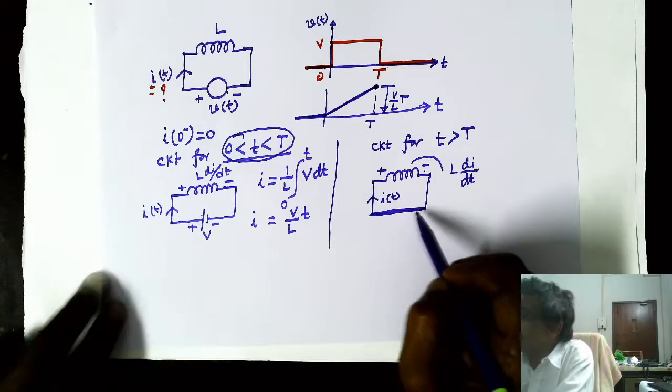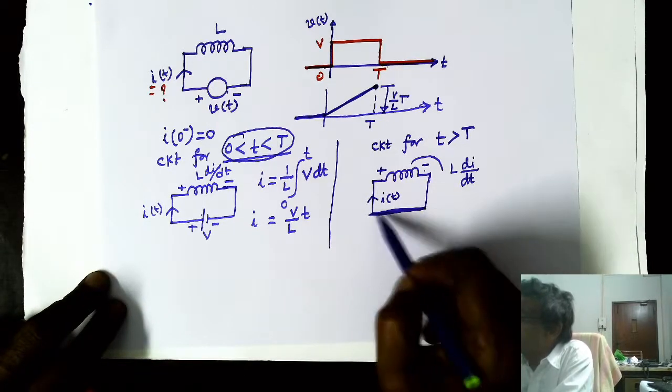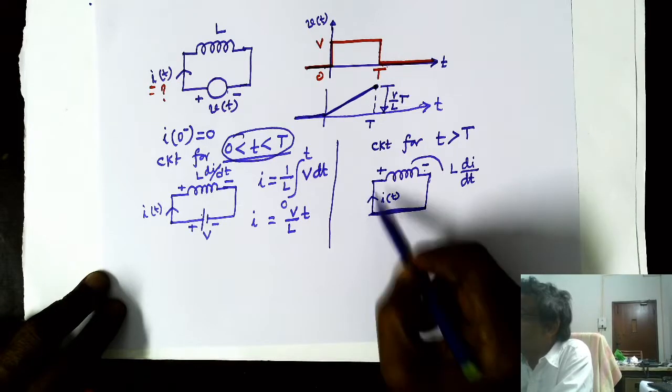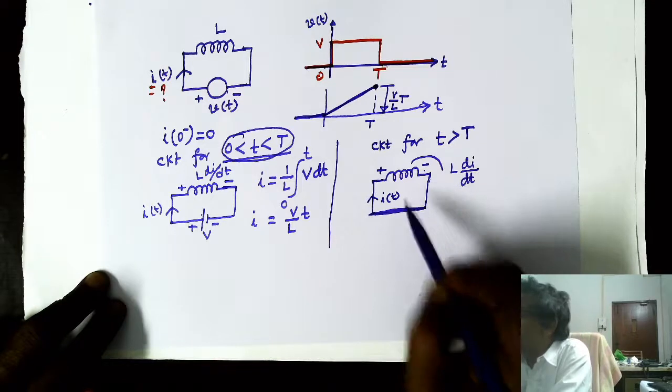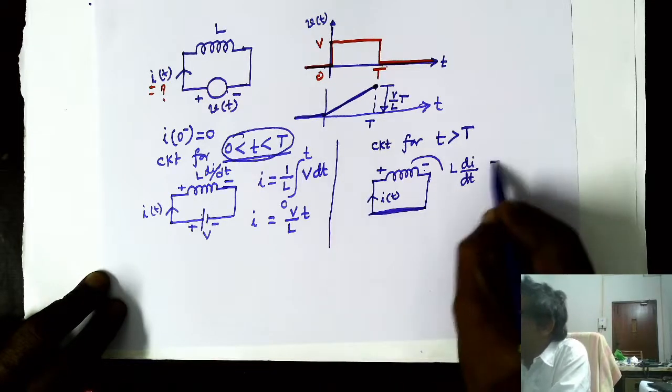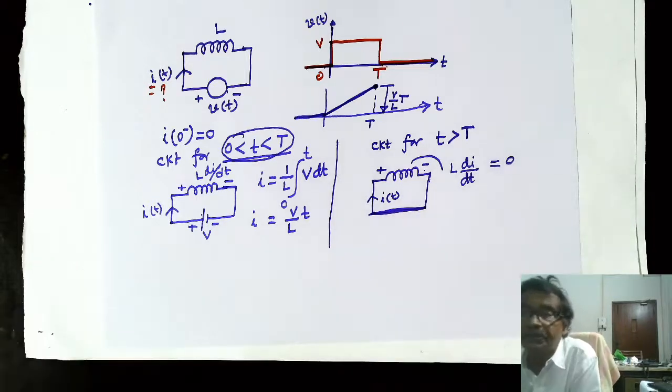The voltage drop from this to this is 0, then this to this is L di/dt. The sum of these two voltages must be equal to 0. That is the KVL rule.